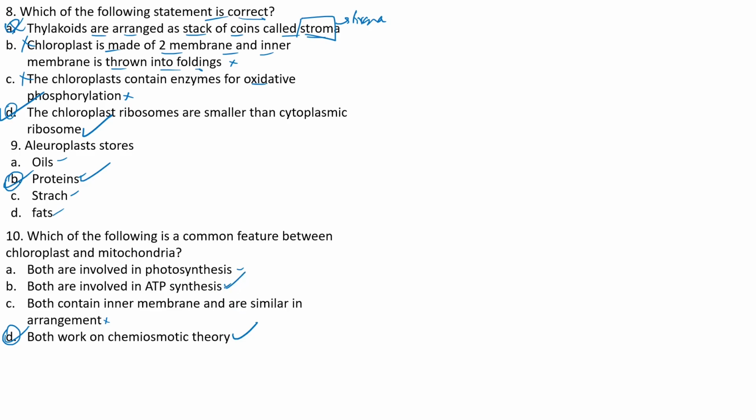Yes, the B statement is also true, but the mitochondria's sole function is ATP production, whereas the chloroplast's function is not solely ATP synthesis. Along with ATP synthesis, it is also involved in carbon fixation, that is the C3 and C4 cycle. So we cannot agree with statement B. We can say it is not true, and the only common feature we can consider is that both work on a similar principle, that is the chemiosmotic theory. So D is our right answer.